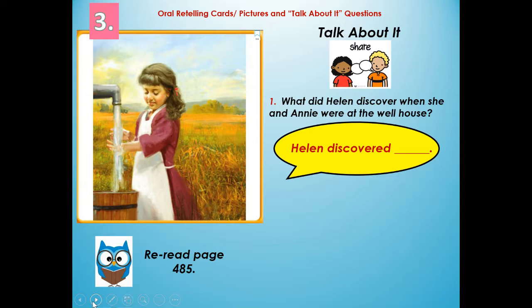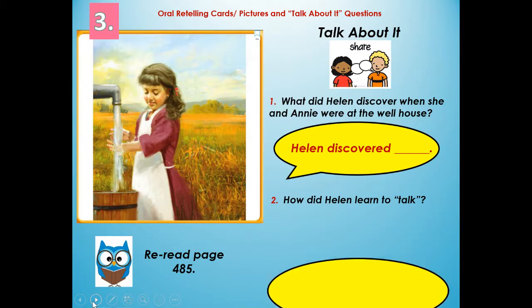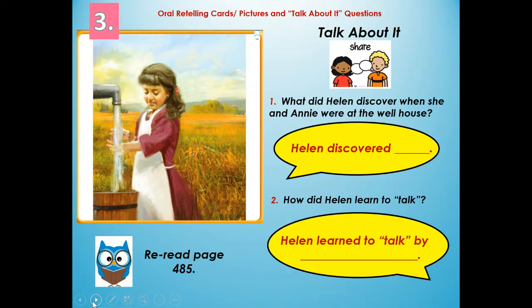Well, Helen discovered that everything had a name. When she put her hand underneath the running water, Annie finger spelled the word water in her hand. And suddenly, Helen understood. She discovered that everything had a name. It all clicked.